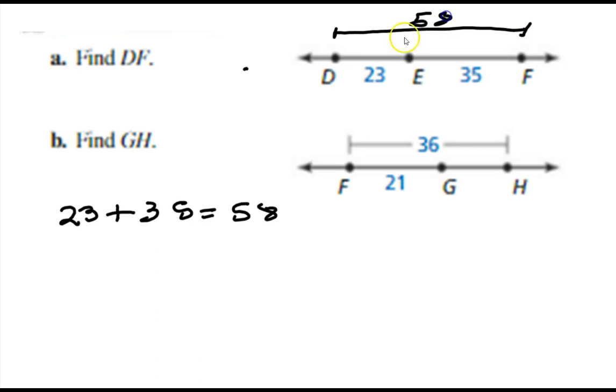It's 58. Okay. Now this one wants you to find GH. That's this distance from here to here. Well, what we could do, imagine if you could take this away from this, what would be left? The distance from G to H, correct? So what we're going to do is do 36 minus 21, and that should give us this distance here.